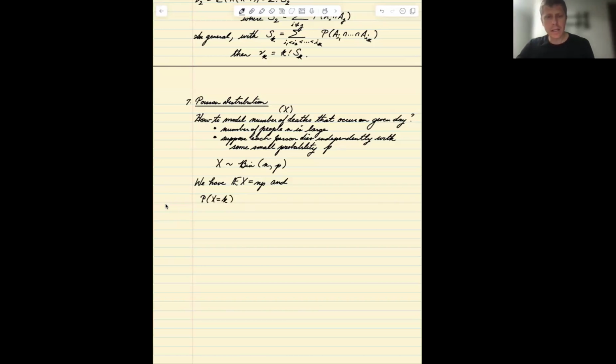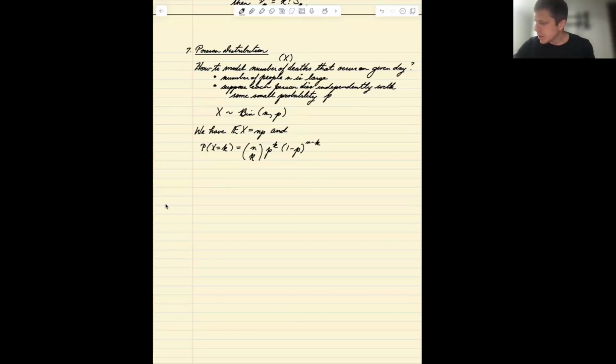Well, the probability that X is equal to k, we know, is n choose k, p to the k, (1 minus p) to the n minus k. It's the binomial probability mass function. If we expand this out a little bit, n choose k is n fall k over k factorial.